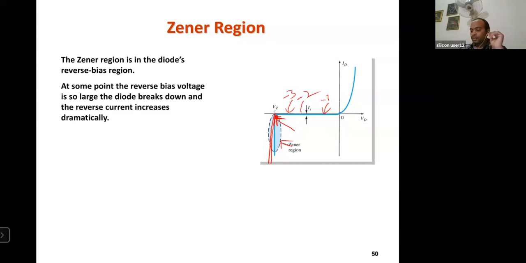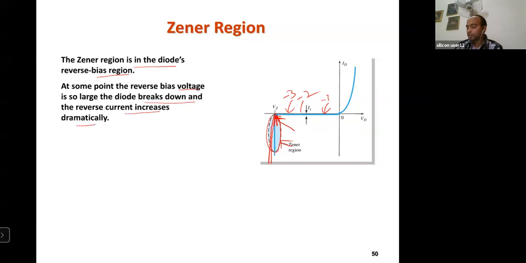Okay, so look here, those things which I told you are written. This is the Zener region, which is obviously in the reverse bias region. At some point the reverse bias voltage is so large that the diode breaks down and the reverse current increases dramatically.